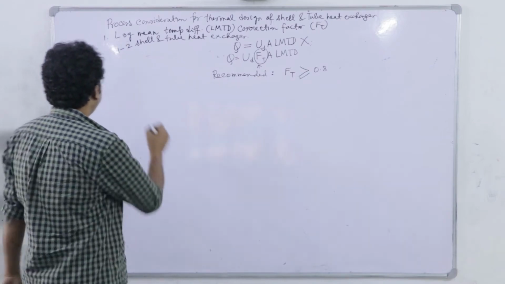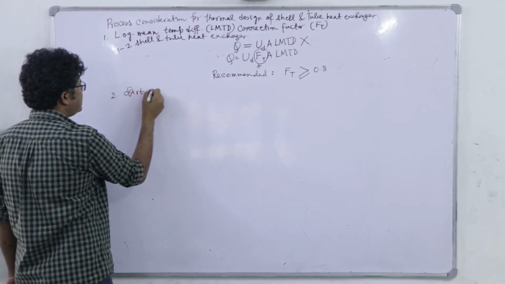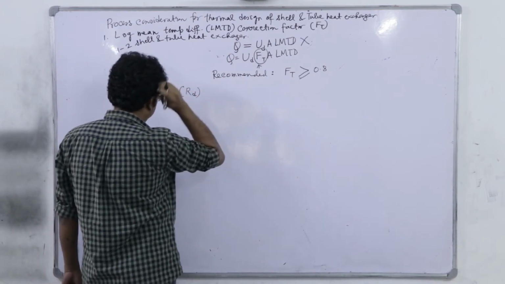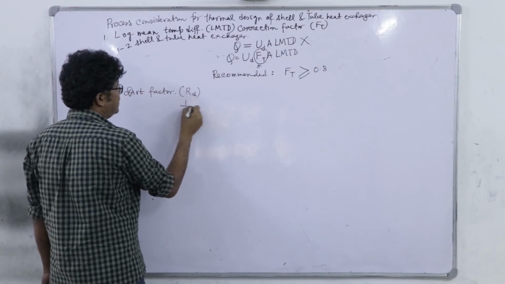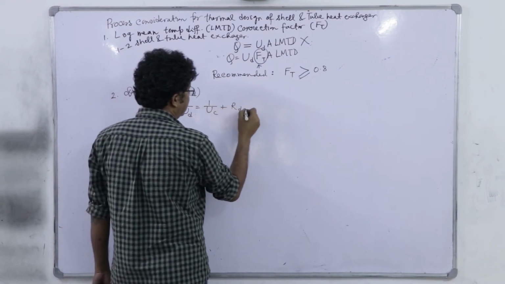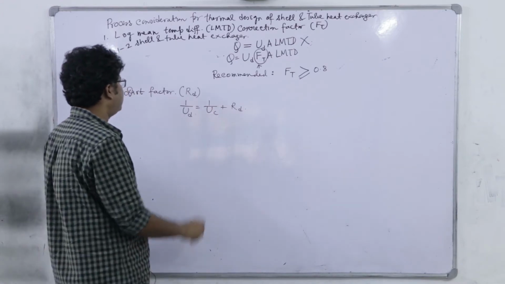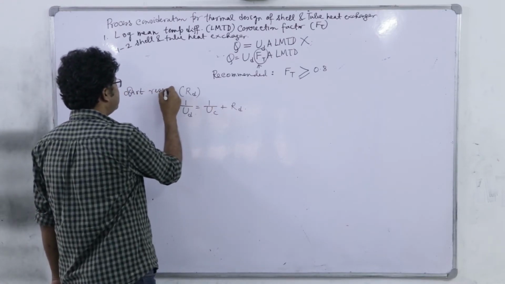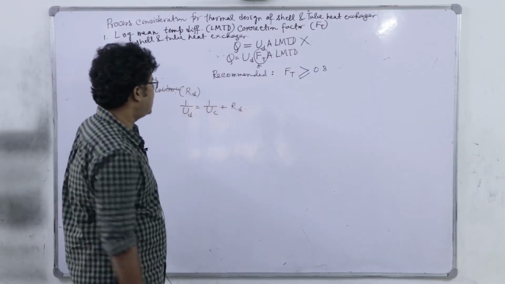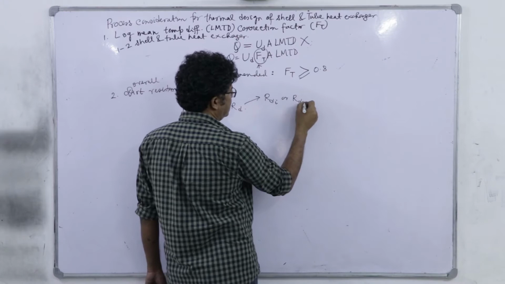Second, it is all very well known, this dirt factor, Rd, we have already discussed it. Generally, 1 by Ud is equal to 1 by Uc plus Rd, and based on whether it is a dirt factor or overall dirt resistance, we can have Rdi or Rdo.